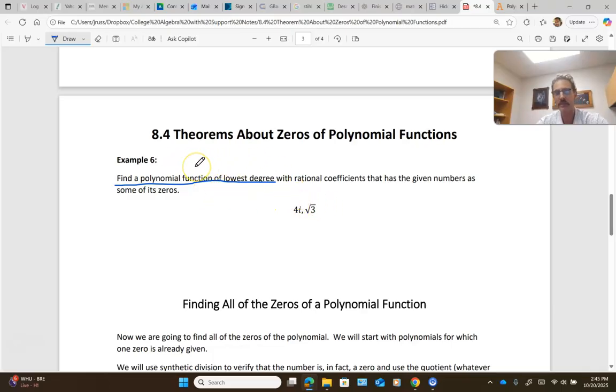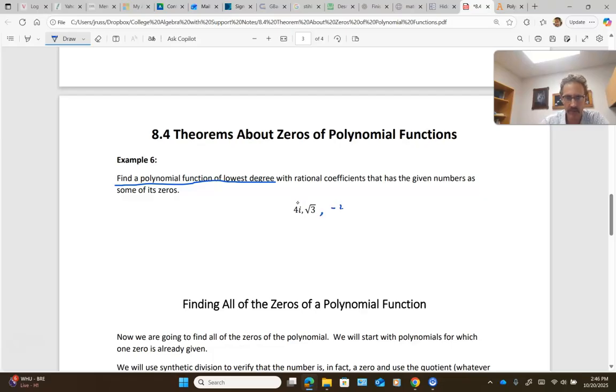In other words, example 6 wants us to do what we did in part 1: construct the polynomial that has these 2 zeros. If these 2 are zeros of the polynomial, we know by their nature what the other 2 zeros are going to be.